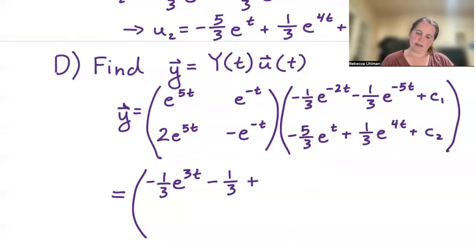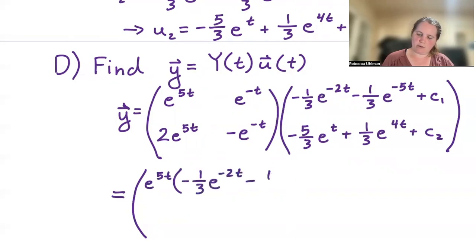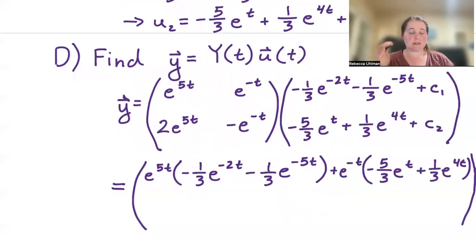And then we will add to that e to the negative t times negative 5/3. Actually, I'm going to write this out. So we have e to the 5t times negative 1/3 e to the negative 2t minus 1/3 e to the negative 5t plus e to the negative t times negative 5/3 e to the t plus 1/3 e to the 4t. That'll be our first row. Again, the c1 and c2 I will add in later.